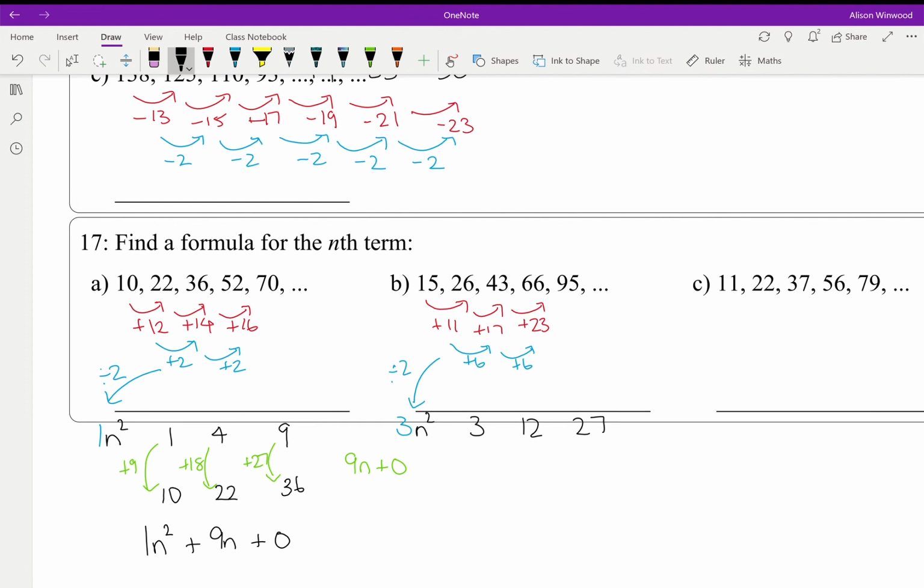My actual sequence is 15, 26, 43. How do I get to that? Well, I need to add 12, or add 14, or add 16. Those green numbers have an nth term of 2n plus 10. So the whole thing is 3n squared plus 2n plus 10.